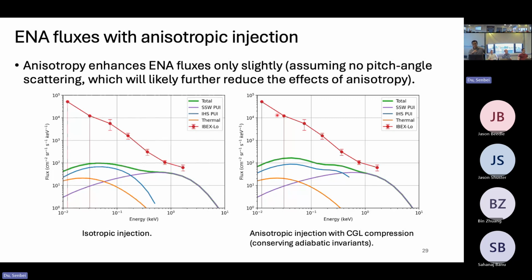First, there are some contributions from the primary interstellar neutrons, so that's very low energy neutrons, and there's also some contamination from the Earth, the geocorona, and also maybe some Earth magnetosphere neutrons and Earth ENAs.